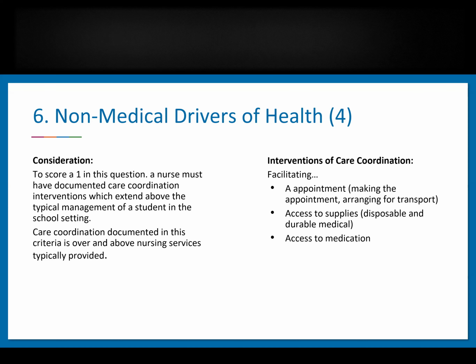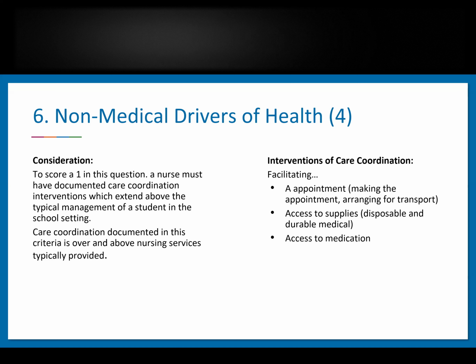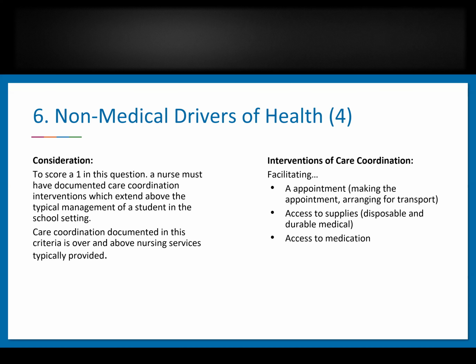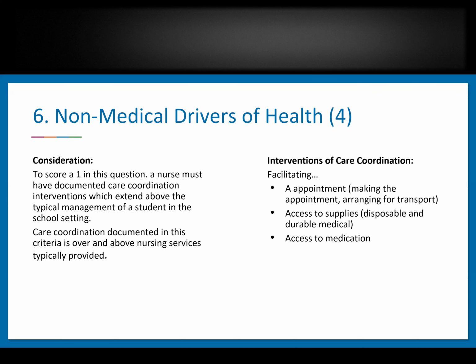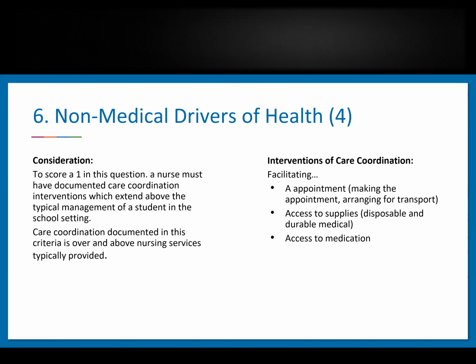The nurse would score a 1 to document the care coordination. The nurse might have considered a severity score of 2 because the student was assessed to be at high risk of daily life-threatening events. However, if the severity was mitigated by the additional care coordination, the nurse might reduce the severity score to a 1.